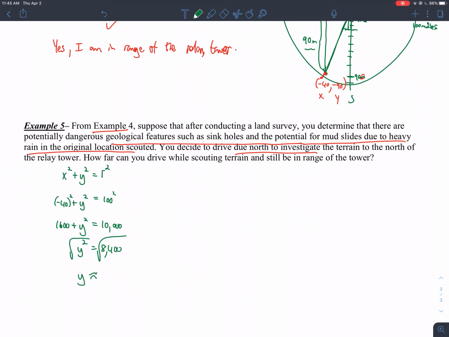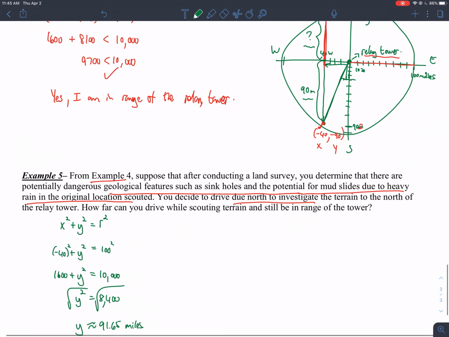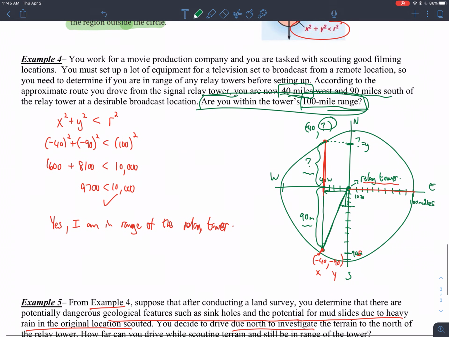On your calculator, y is about 91.65 miles. So 91.65 miles is how far north of the x-axis I can drive.